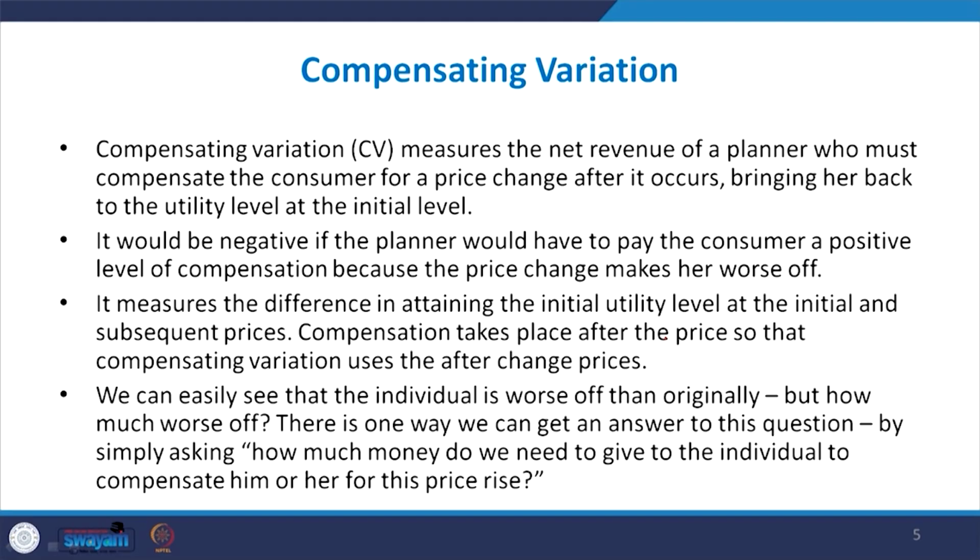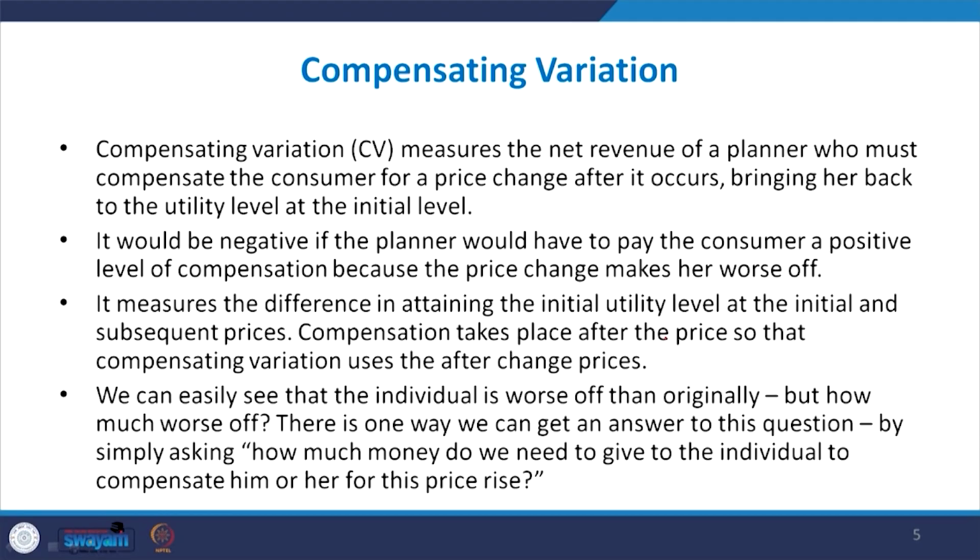When the price of a product increases, the consumer's level of utility will decline, but if the consumer is to be kept neither worse off nor better off, then how much additional money is required to be given to the consumer is known as compensated variation.